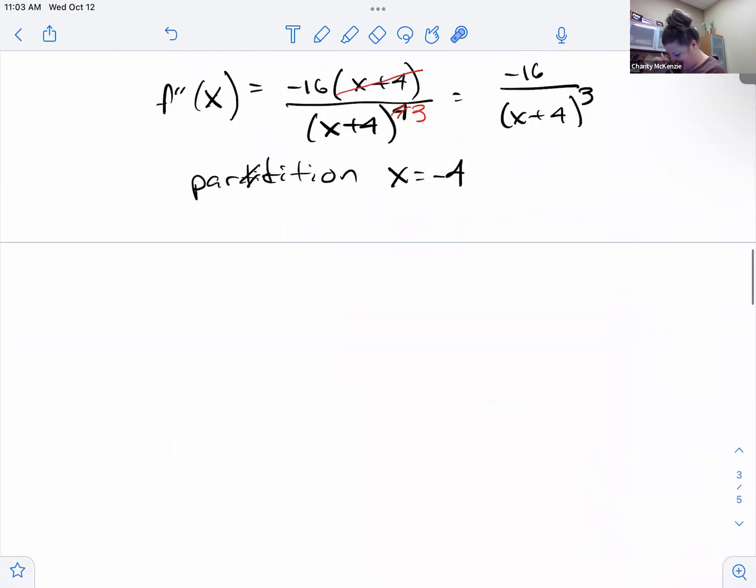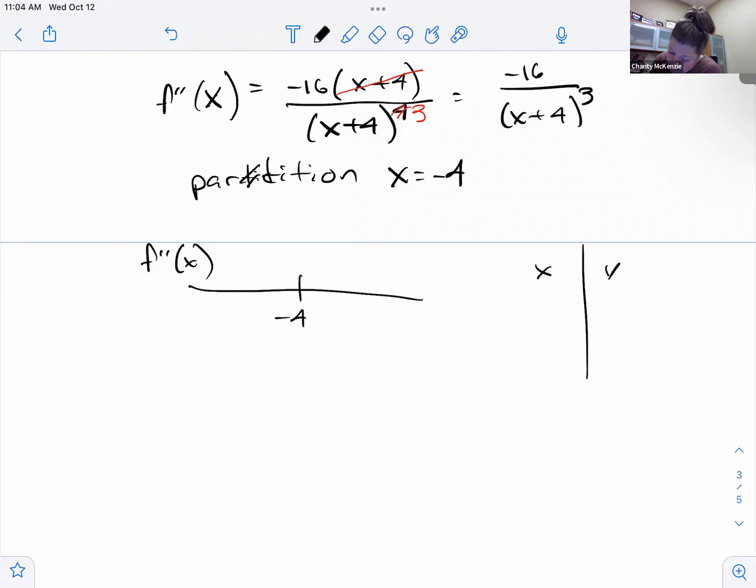Okay, so from here I'm going to do my sign chart and I'm going to have my -4 again, but this time it's for the second derivative. So the -16 over (x plus 4) to the third. And I'm going to put in a value. Maybe I'll put in -5 again, and I'd have -16 over (-5 plus 4) to the third.